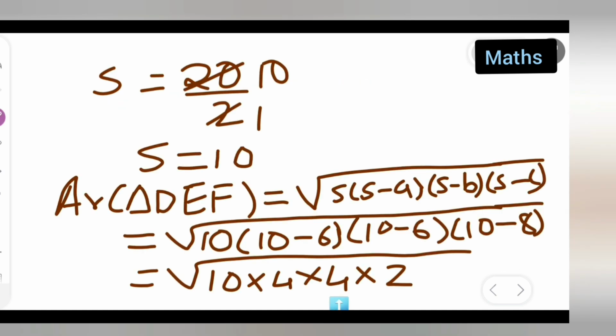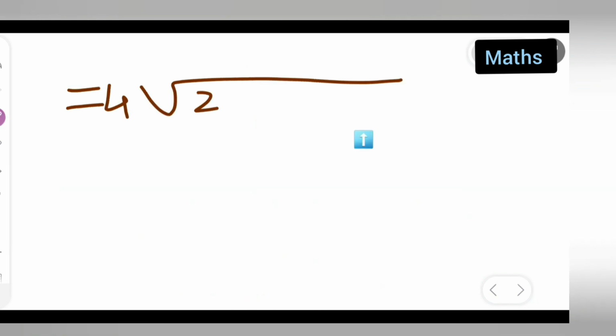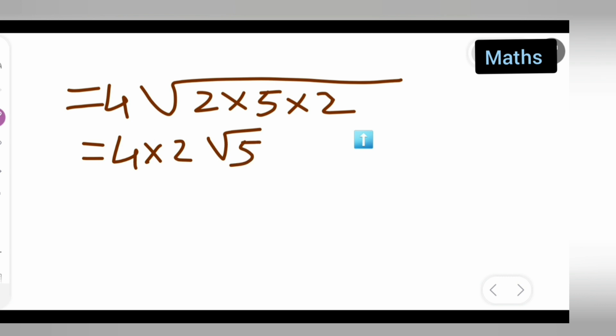Then 2 fives are 10 and 2. So 2 multiplied by 5 multiplied by 2 is left. Now 2 are in pair. So 4 multiplied by 2 into root 5. So 4 twos are 8 into root 5 is your answer. So write down centimeter square.